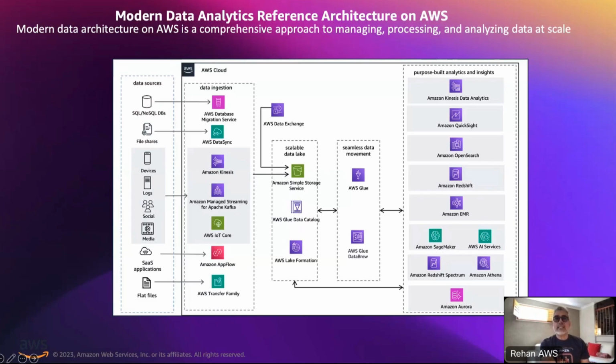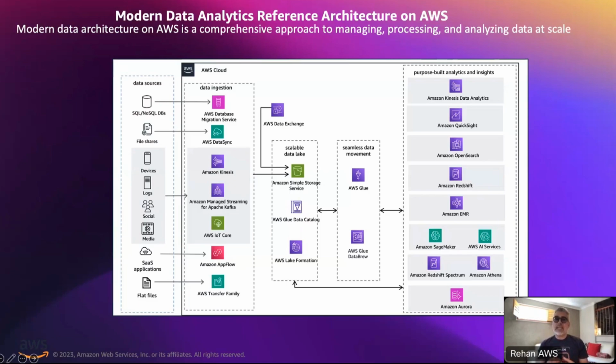Last but not the least is Amazon Aurora, which is a managed RDBMS, Relational Database Management System. It offers high performance and availability at global scale and supports zero-ETL integration with Redshift. So that's the whole ecosystem of services that work together to provide a modern data architecture.